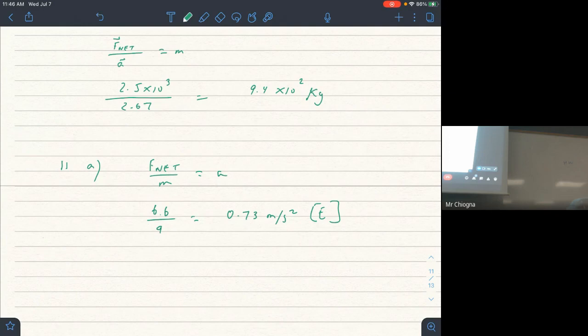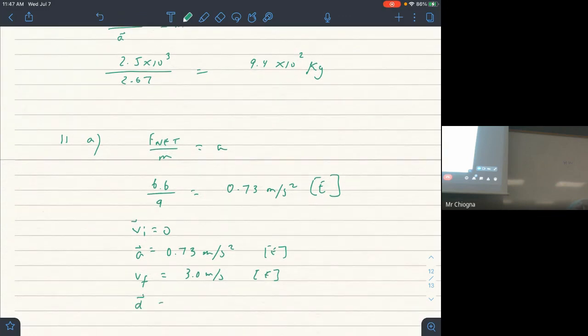How far did the object travel? How far is just the distance? Starts from rest, undergoes an acceleration, reaches a final velocity east as well. And we want to find how far your distance is going to be east, because everything else is east. Question mark. Circle it.